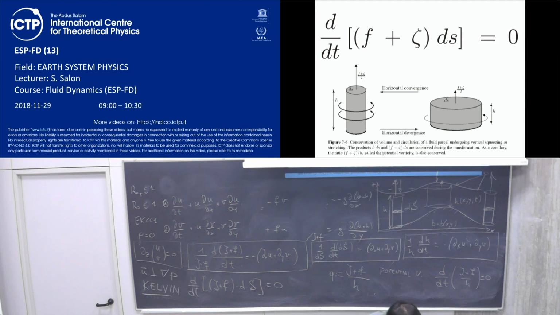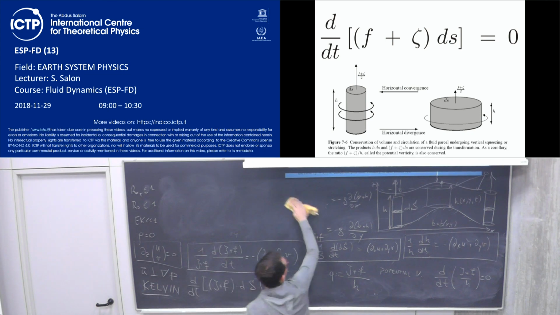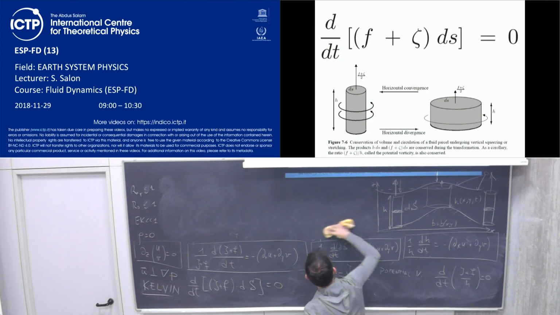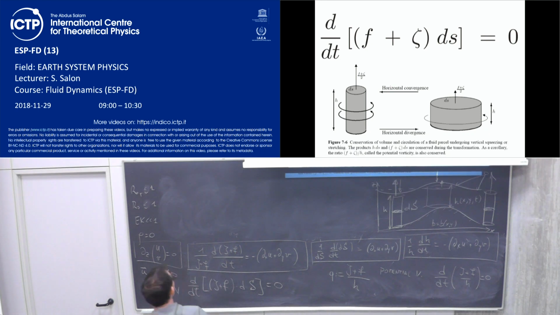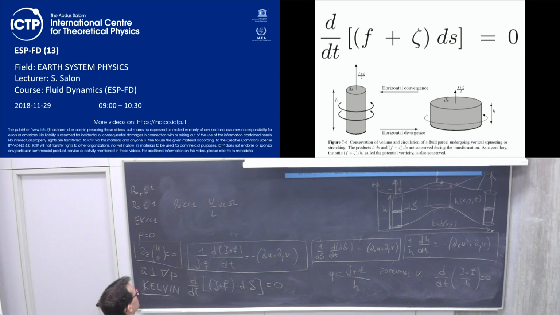So we can also say that if we have a Rossby number which is much smaller than 1, it means that U over L will be much smaller than omega.